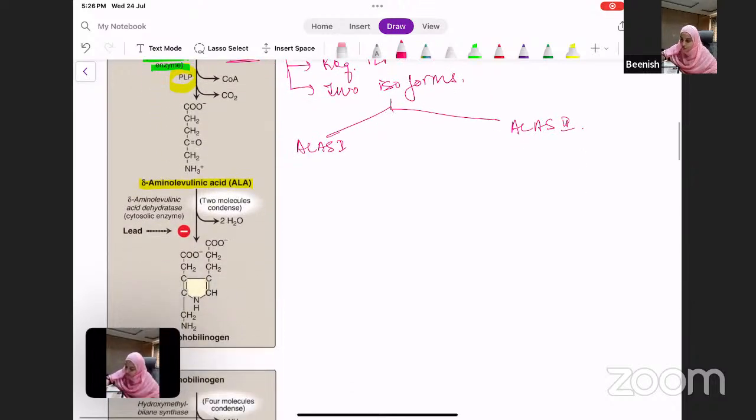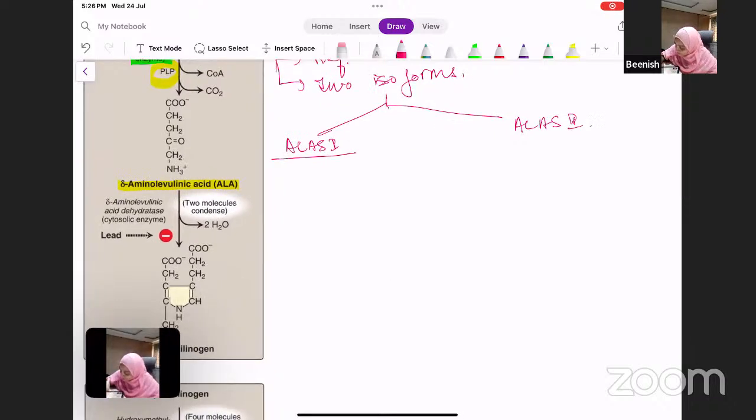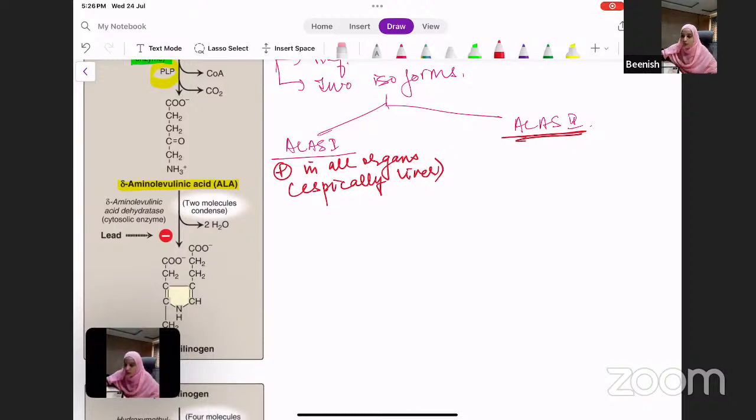ALA synthase 1 is present in all organs, especially the liver. Whereas ALA synthase 2 is present in erythroid precursors.